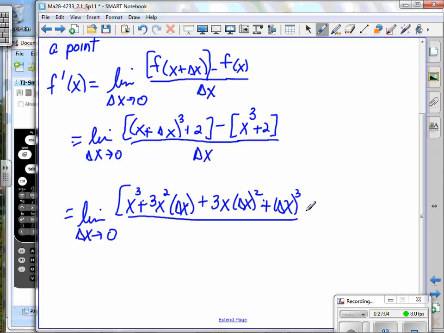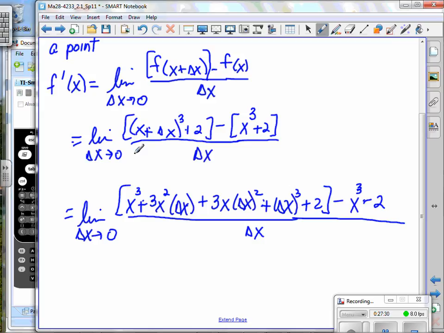And then we have the plus 2 on the end. Minus f of x. We still have that. Now I'm just going to go ahead and write that as x cubed minus 2. Remember, you were distributing that negative. If you didn't distribute that, you're not going to get the right answer.